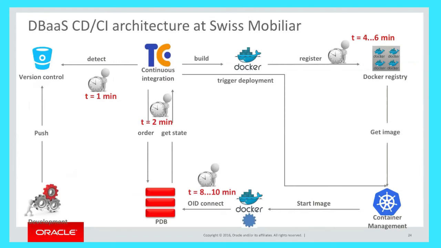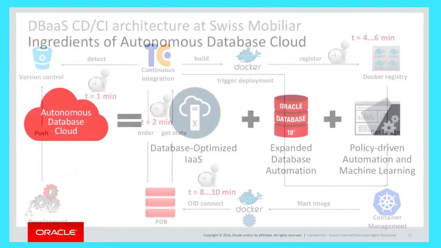They push that connect string into the Docker image through the Docker registry as they build out the application. They've embedded the connect string in that application when they provision the application Docker image. And all of that takes roughly 8 to 10 minutes for the entire stack, which includes a bare metal enterprise edition database on the back end.